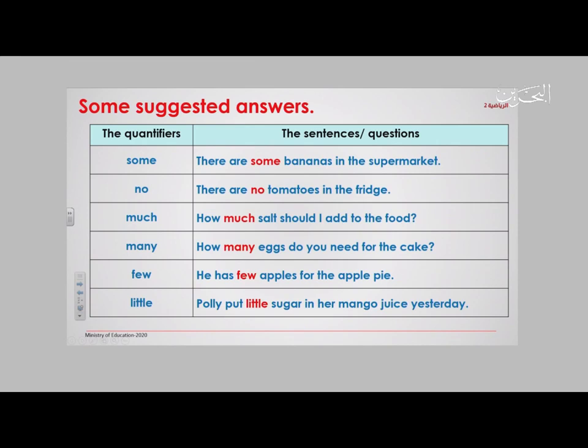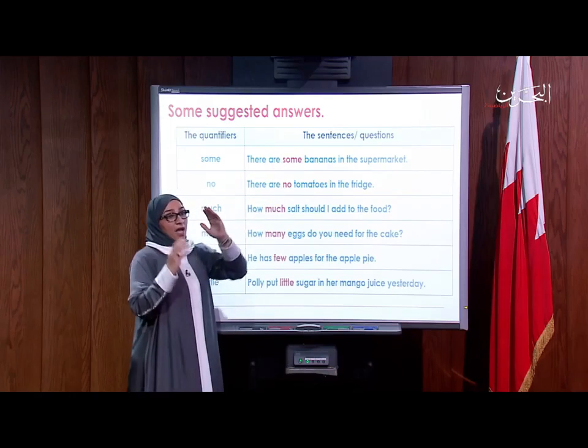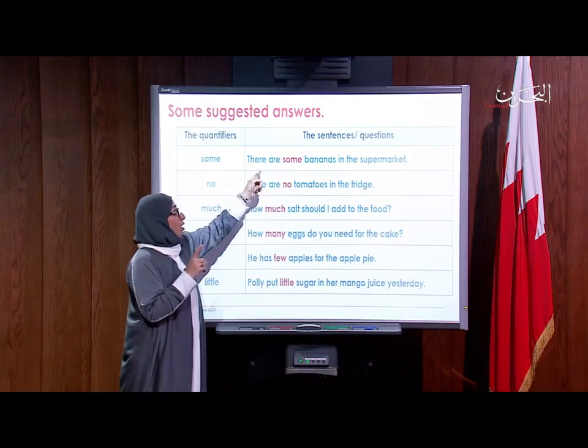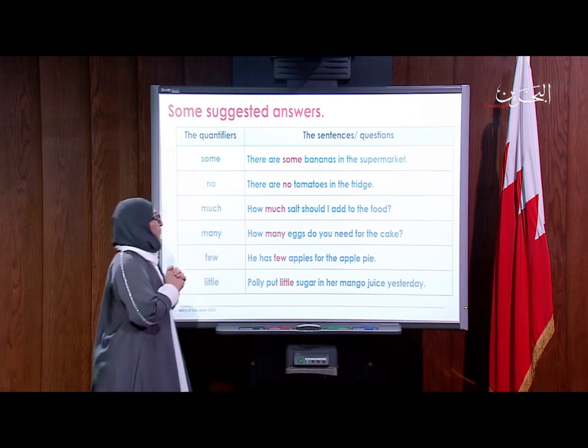There are some bananas in the supermarket, but can I say there is some coffee? No. Why? Because I cannot say there are for coffee, because coffee is uncountable. I cannot use are with uncountable.